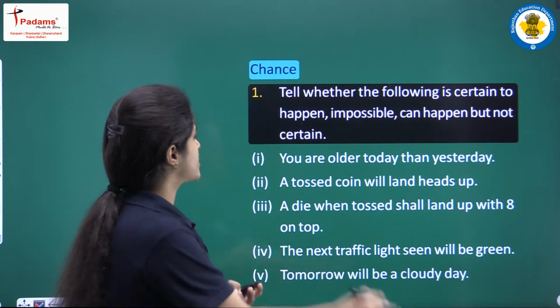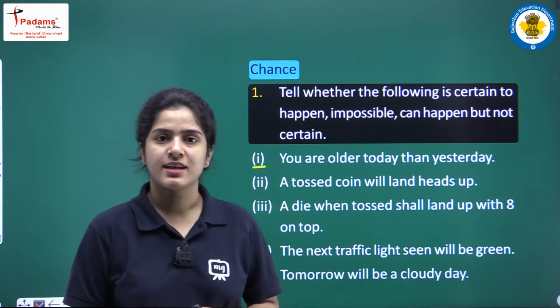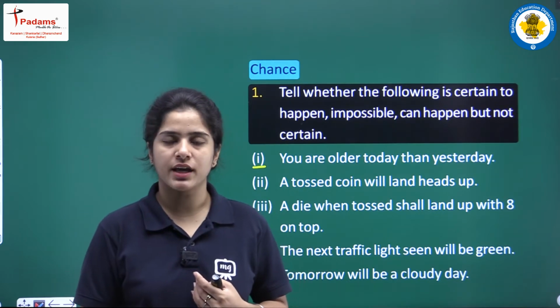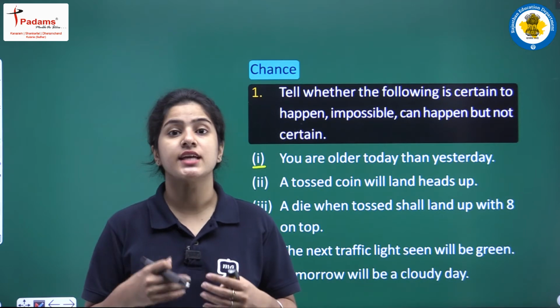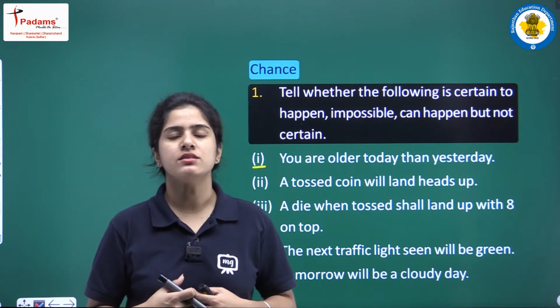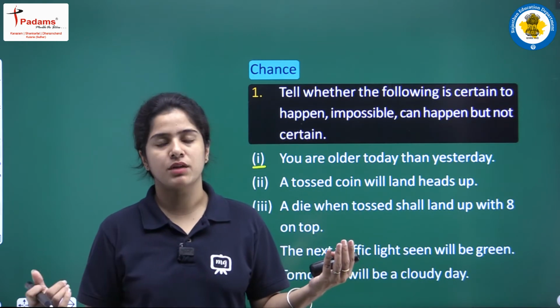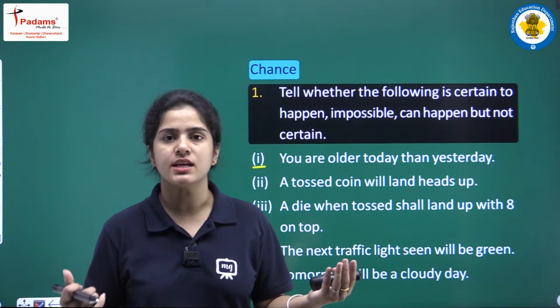Alright students. So the first statement: you are older today than yesterday. Suppose I am 15 years old today, and tomorrow I will be 16. For example, one year ago I was 15 years old, now I'll be one year older, like I'll be 16, right?